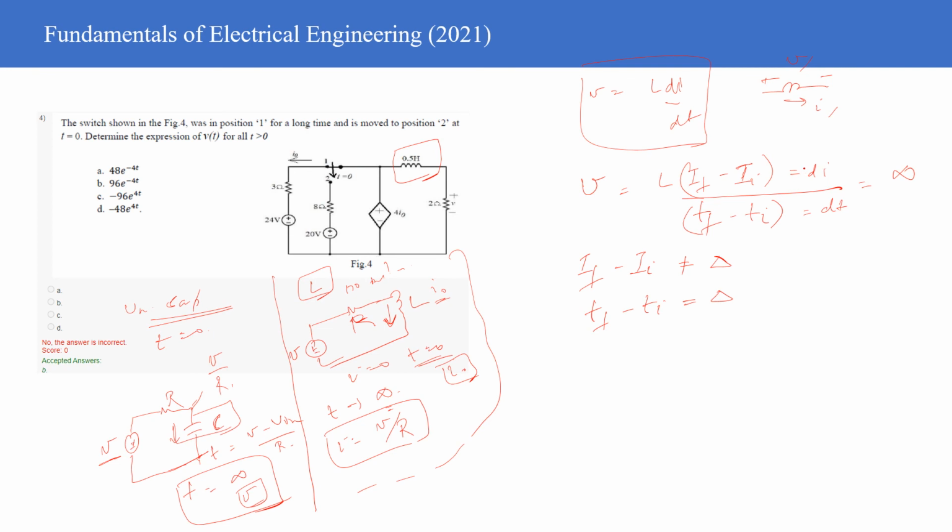Because a finite quantity divided by an infinitesimally small quantity will result in infinity. Therefore, it implies that the current cannot change suddenly in an inductor. Remember this. This is a very important conclusion.